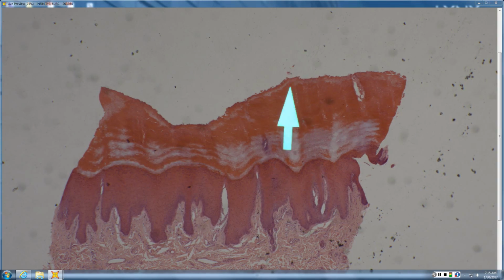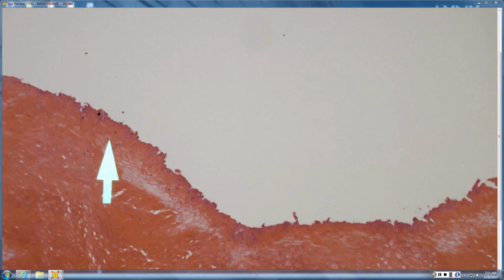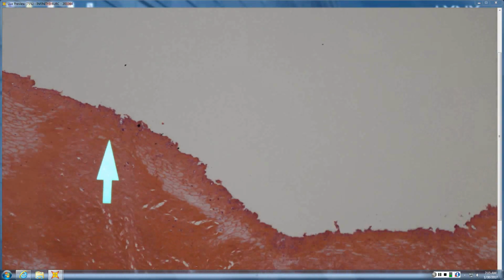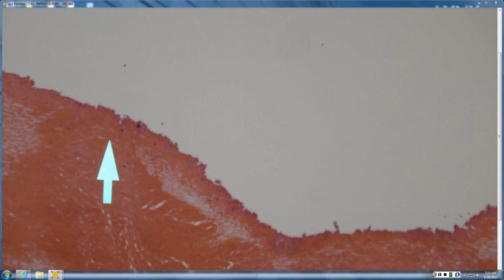And so that speaks to an acral location, and you see this dell, and then when you get in closer, you see organisms, and all that when combined basically means pitted keratolysis. If it was a non-acral location, and you saw some organisms that were filamentous, and especially if they're vertically oriented, that makes you think more erythrasma.